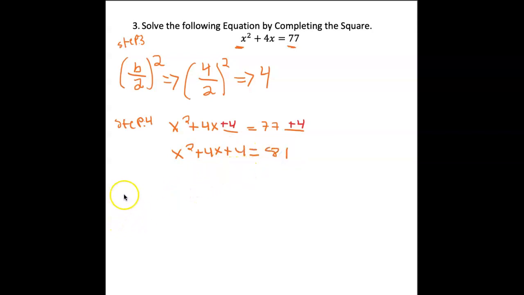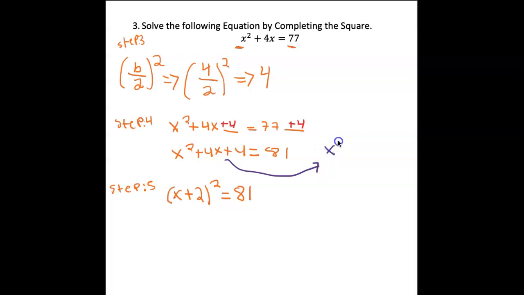Okay, now step 5. In step 5, the left side of your equation becomes a perfect square trinomial, which means you can rewrite it like (x plus 2) squared equals 81. Okay, why does it become a perfect square trinomial? Well, let's see. I'm going to go ahead and do this work on the side.